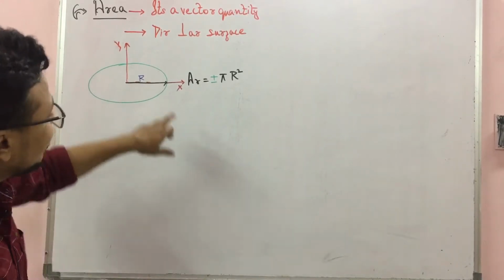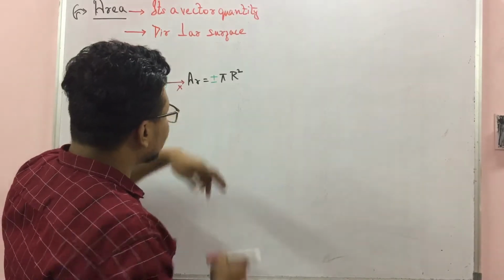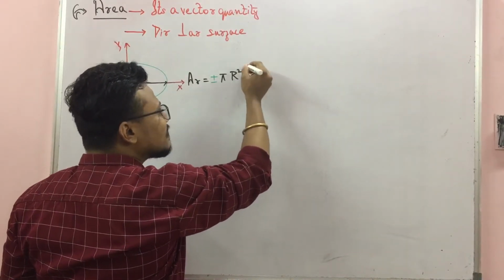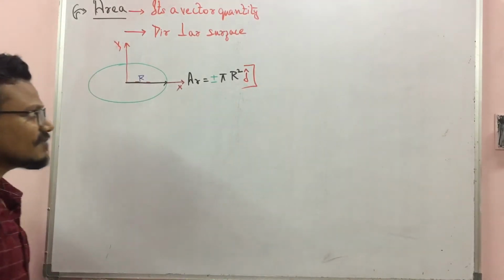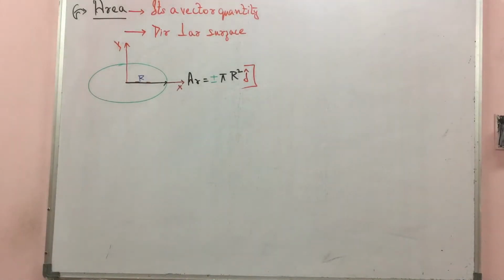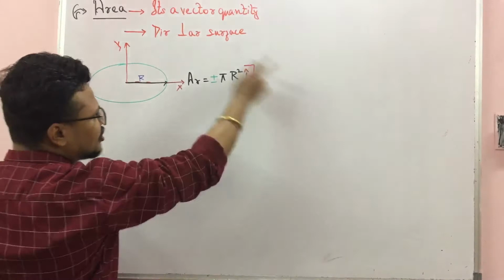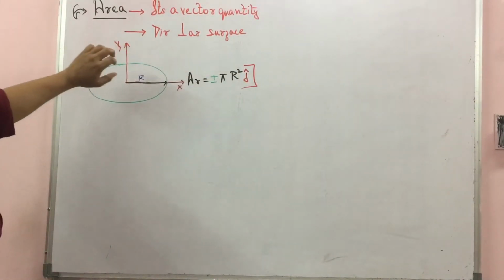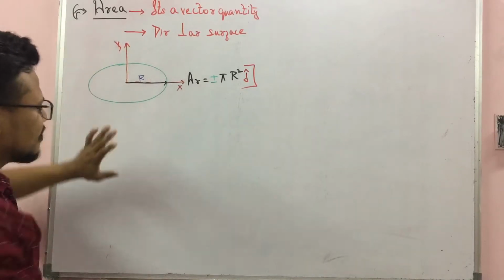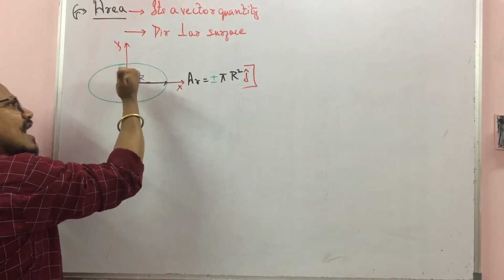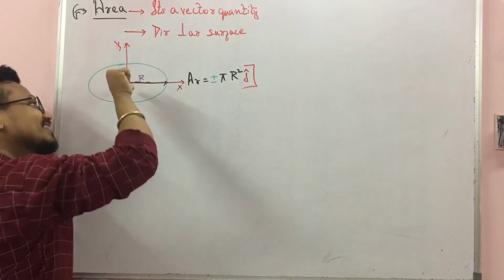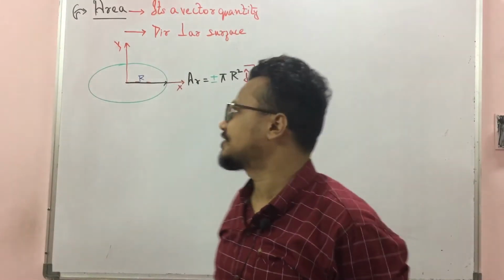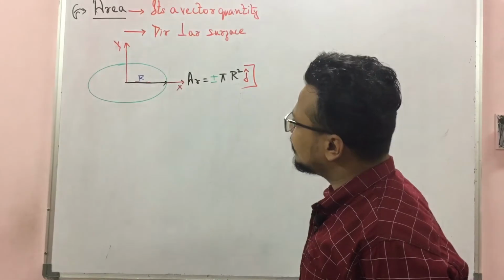It means plus or minus pi r square j cap. Is it correct? See, the complete direction came. We curl the finger and the thumb shows the direction of the area.